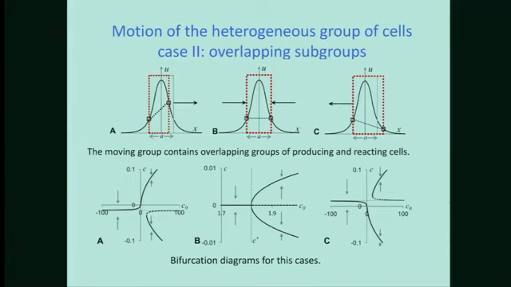For example, the whole group is reacting chemotactically, and only some subpart is producing this chemical, or the other way around. The whole group is producing chemical, and only a subpart is reacting. In the middle case, it's what we considered as the first case, when these two subgroups coincide. When these two subgroups coincide, we have this pitchfork bifurcation, but in these two other cases, we will have a fold bifurcation.